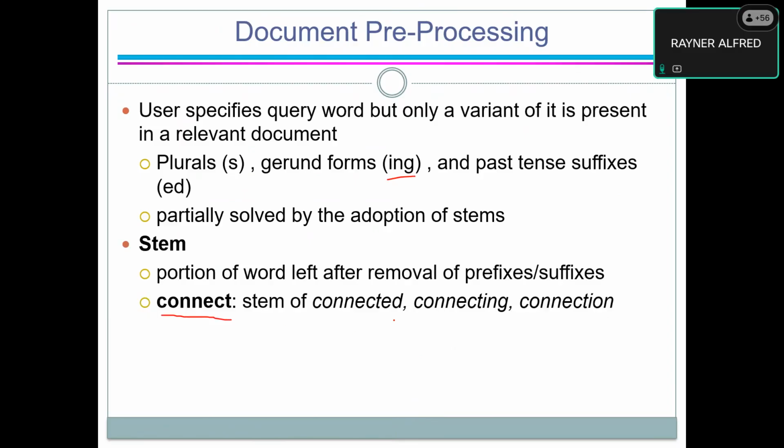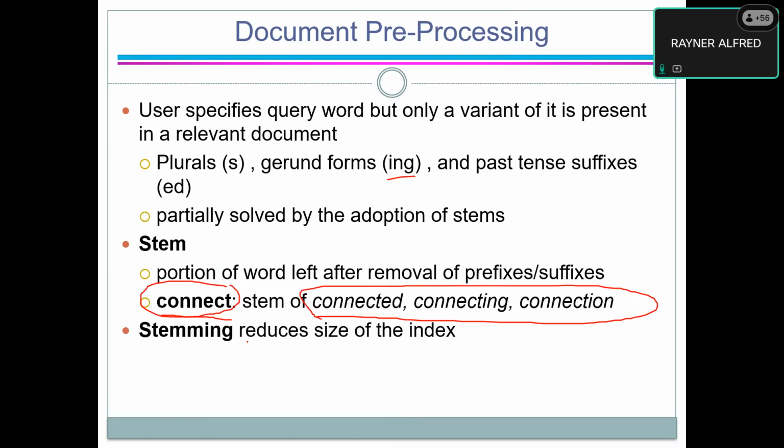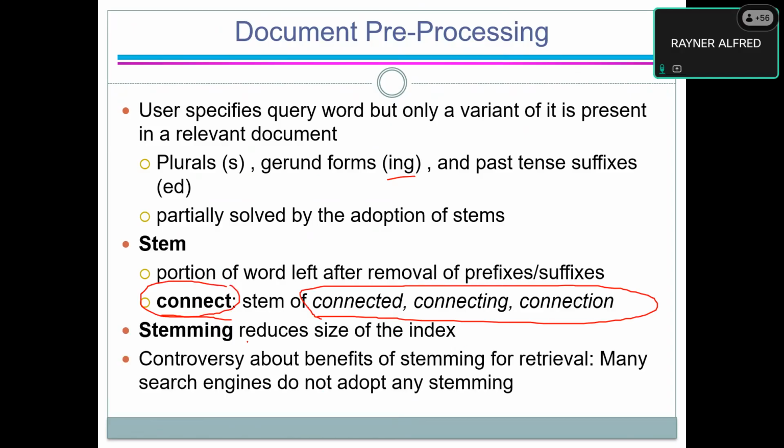For example, this one comes from these 3 terms. All these three terms will be converted to only one word, connect. So this stemming process can reduce the size of the index in your vocabulary list, and this will improve the performance.